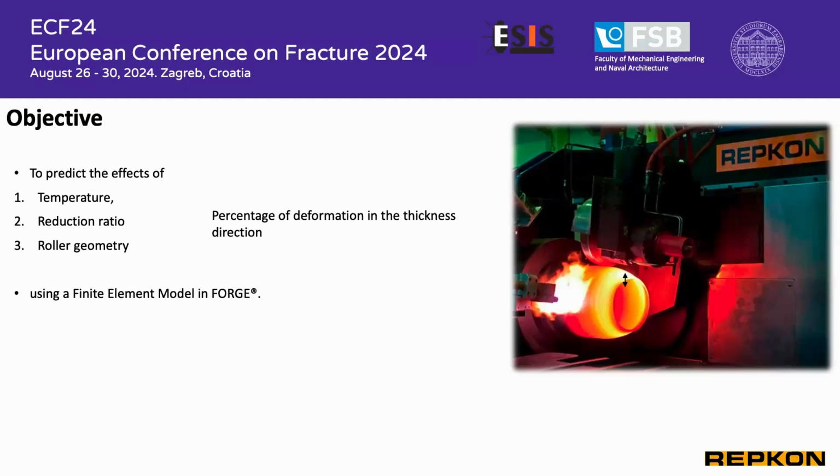So the objective of this research is to predict the effect of the temperature, reduction ratio, and roller geometry on the quality of the process using the finite element method with the help of the commercial software called Forge. We use Forge here.